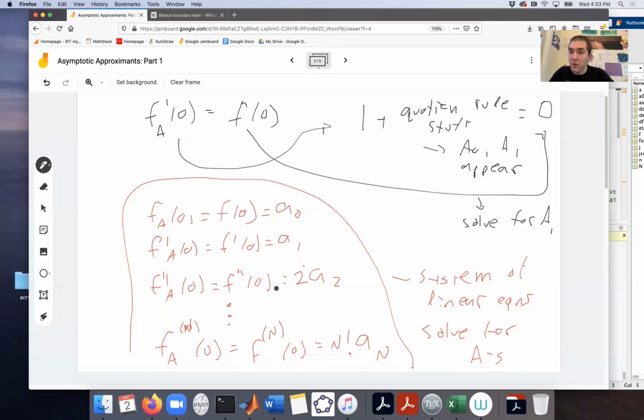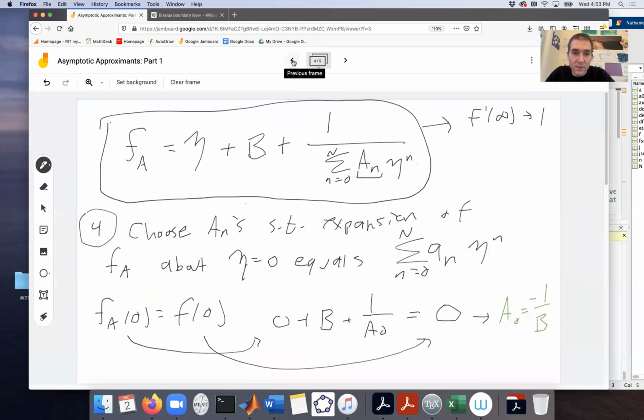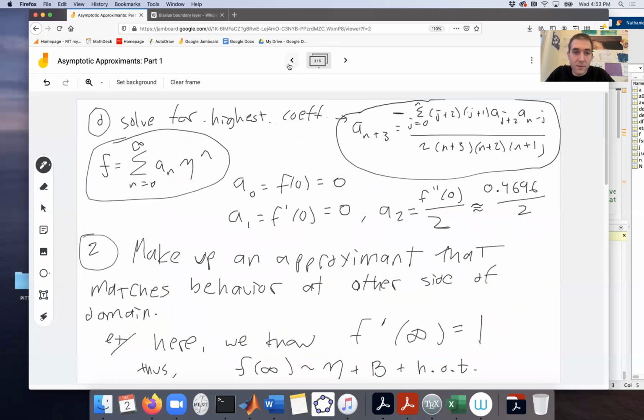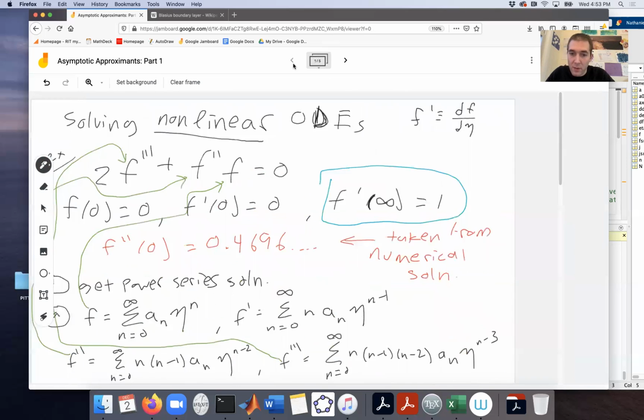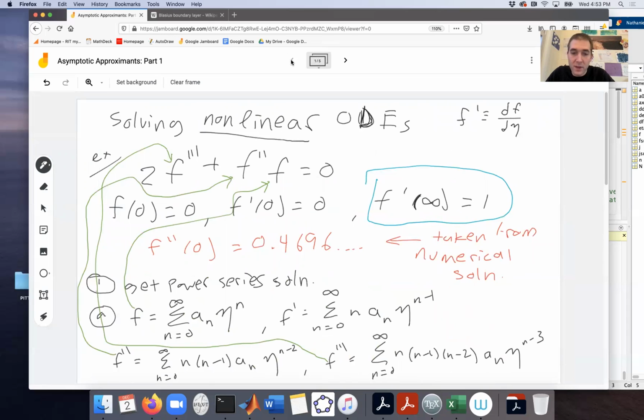I'll pick this up and make another video tomorrow where I'll show you a very nice way to get the capital A's without having to form this system and without having to do any sort of quotient rules or matrix inversion or anything. I know I didn't get to the real useful stuff yet in forming an approximant, but I hope this provides a background that leads to that.